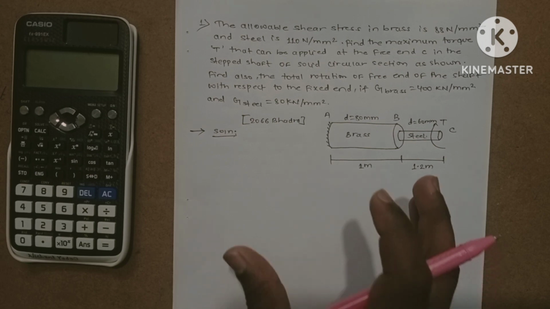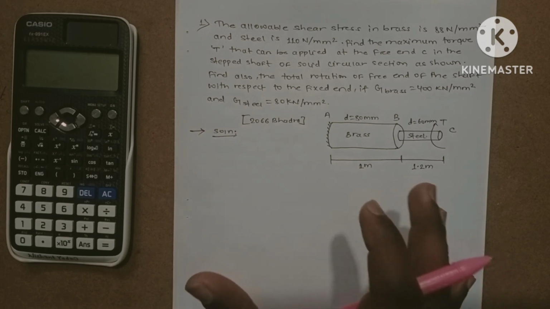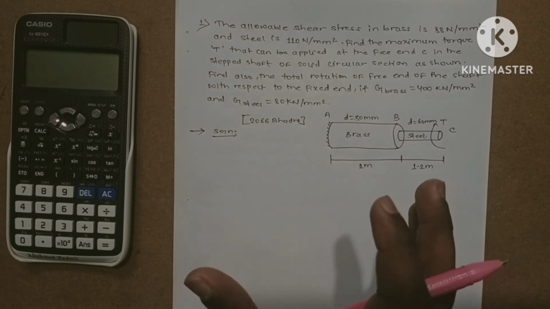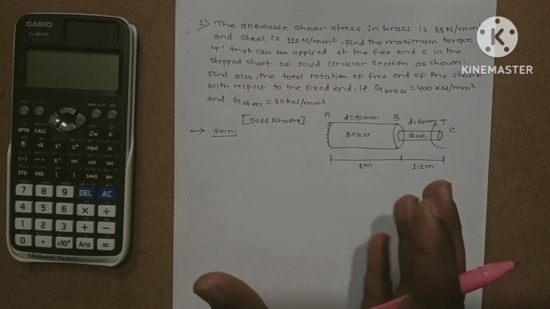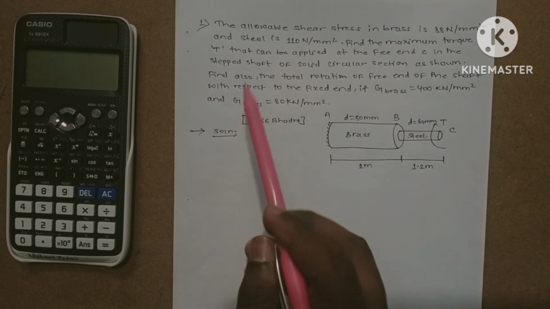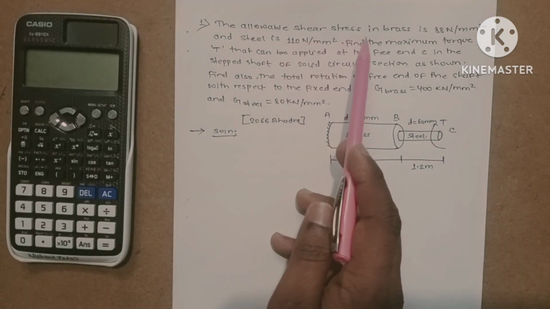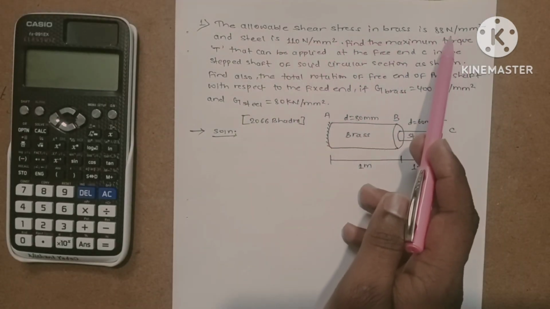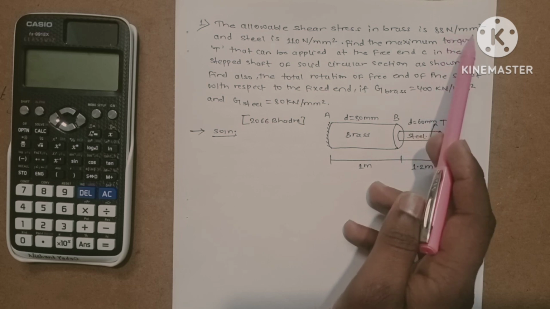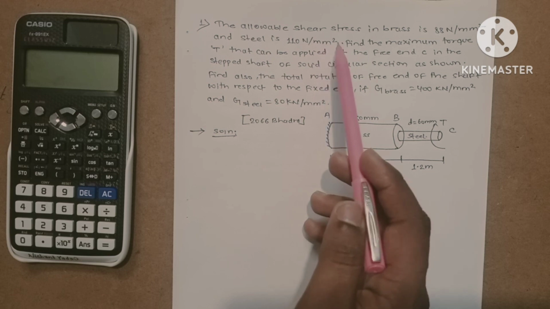So we have a question over here. Let's read once again the question we have asked. The allowable shear stress in brass is 88 Newton per millimeter square and in steel is 110 Newton per millimeter square.